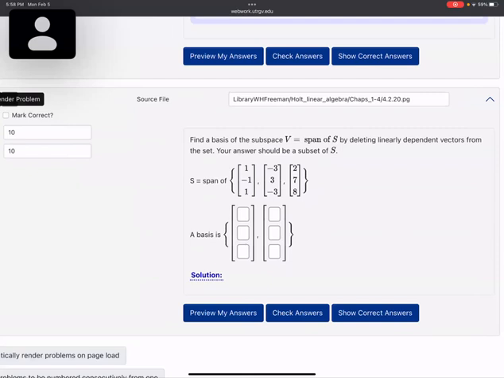So here you have to, let's do this one. We're going to find which one is not linearly independent, so we eliminate that one.